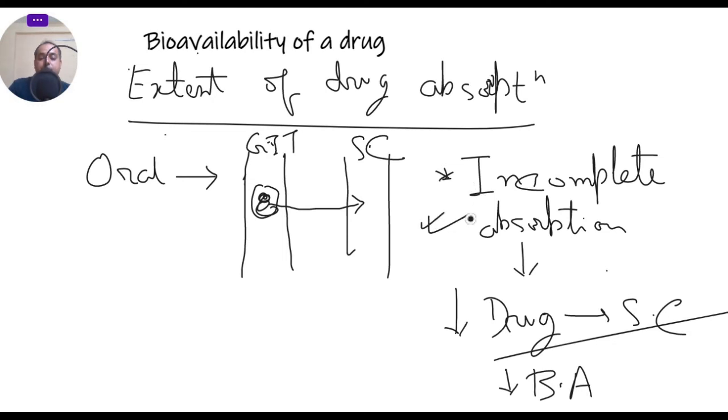So if there is incomplete absorption of this drug, then obviously lesser amount of drug is going to go into the systemic circulation, and there will be decrease in bioavailability, right?